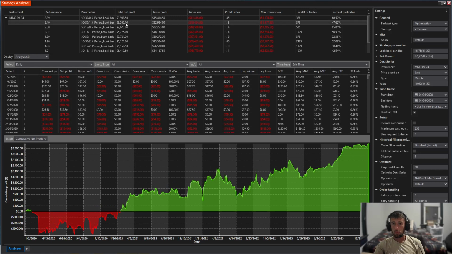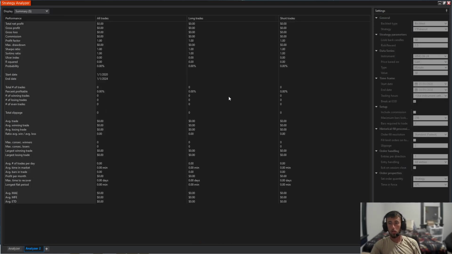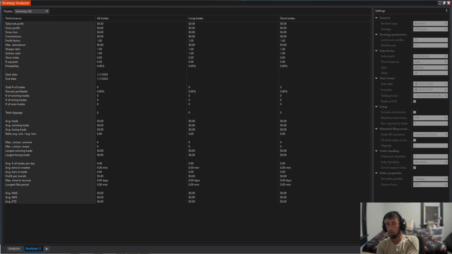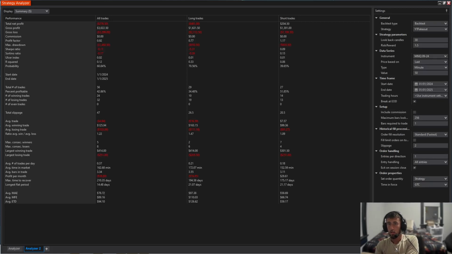Let's try this one. Doesn't look as good. But then again, let's try with the out of sample data. And this one also lost money. It's almost the same strategy. So we don't like that one.